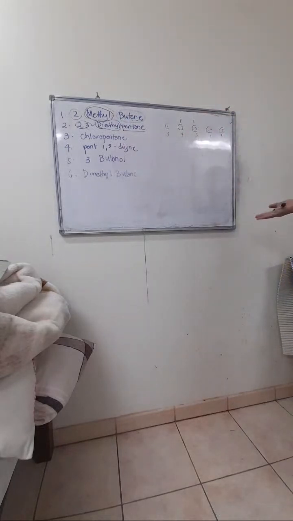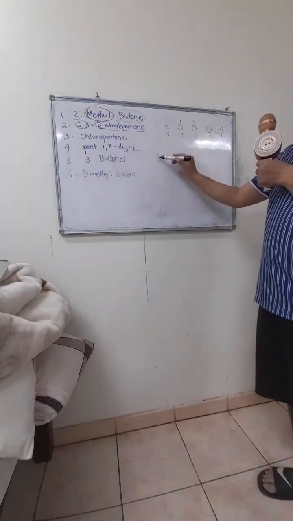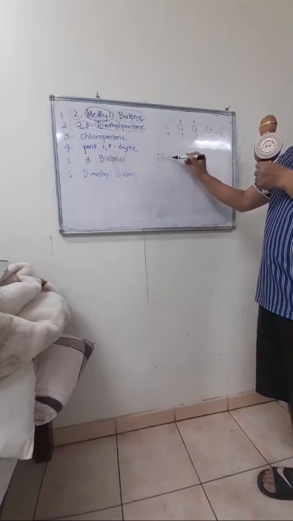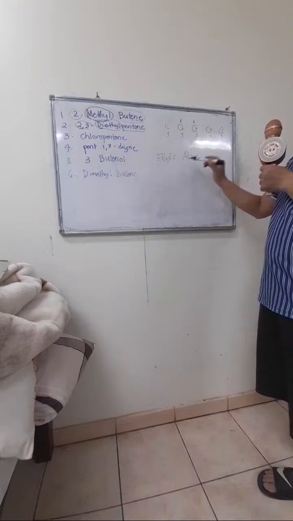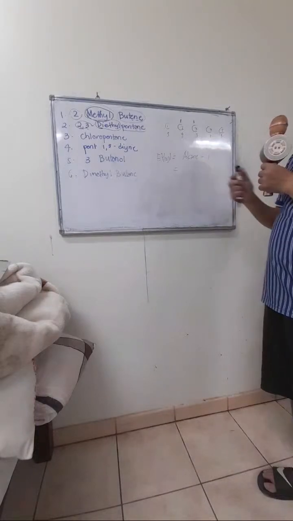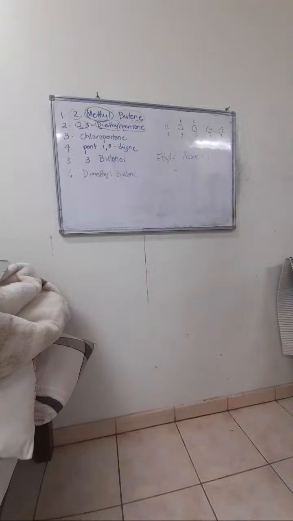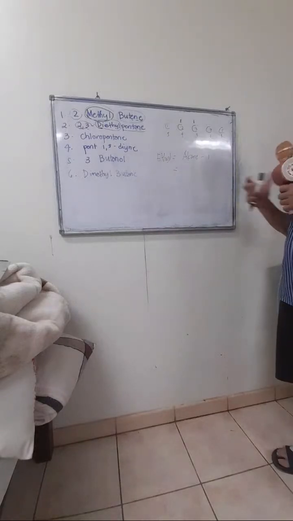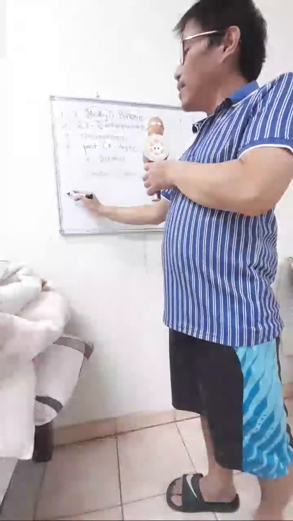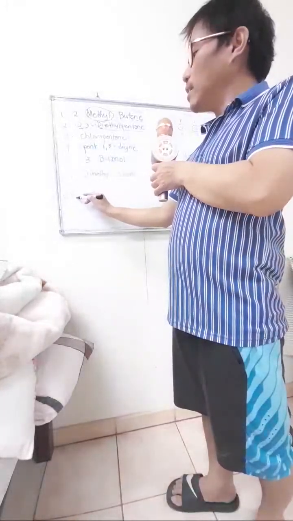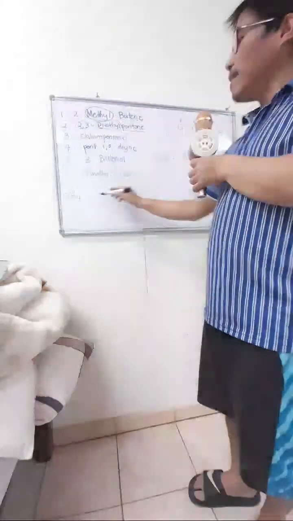Now what is ethyl? If you look back again to the formula, ethyl is equal to alkane minus 1. You get the point? So what is your ethyl? You need to remember the hydrocarbons. We start with CH4. The alkyl form will be CH3.